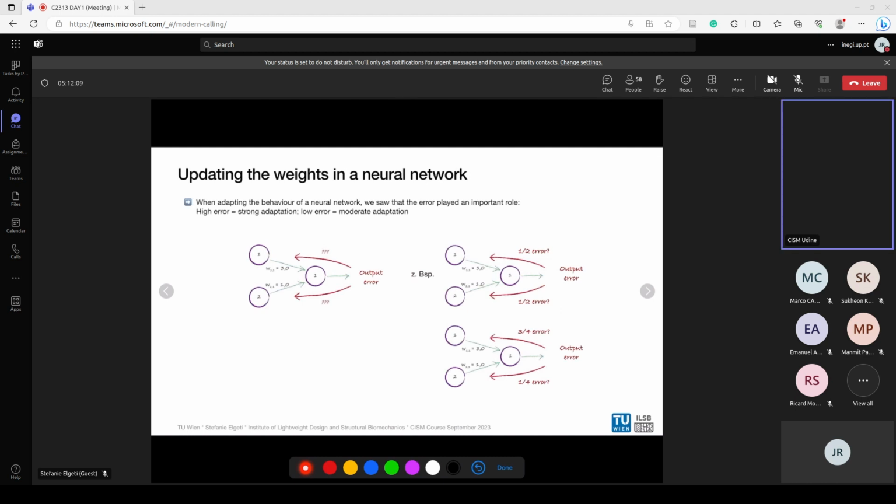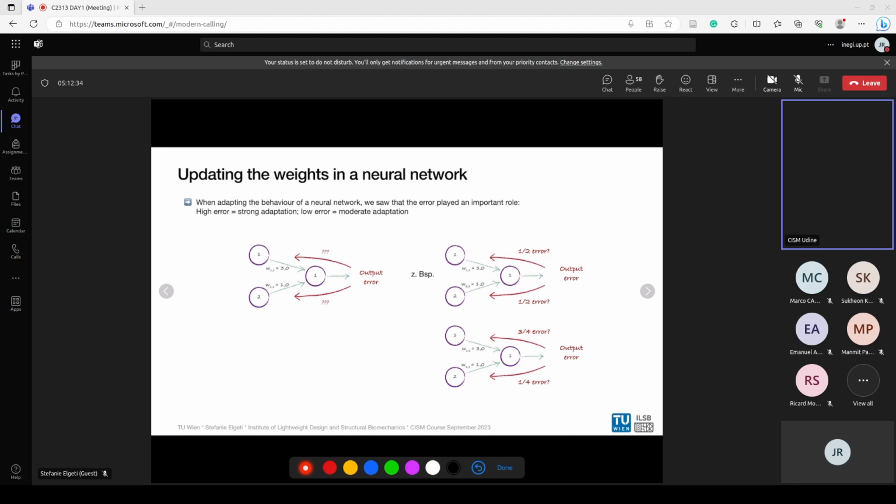So we said before that the error is the driving force for how we adjust what happens inside the neuron. We also said that the size of the errors tells us how much we should adjust. And if the error becomes smaller, our adaptations should also become smaller. So how can we translate this to a network?